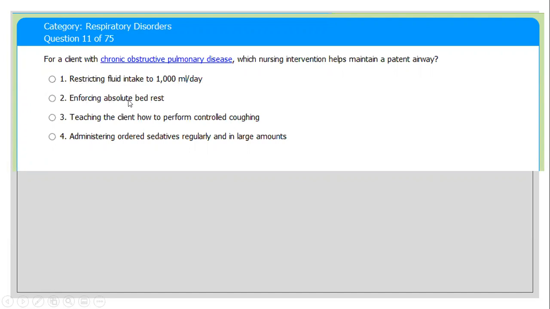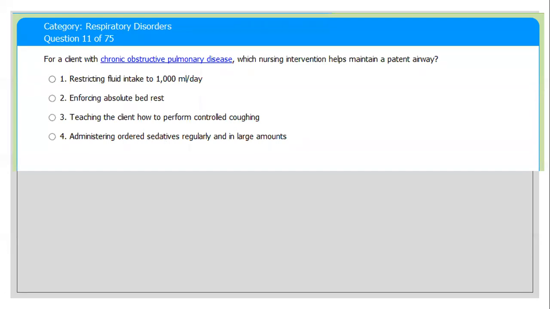B, enforcing absolute bed rest. C, teaching the client how to perform controlled coughing. D, administering ordered sedatives regularly.